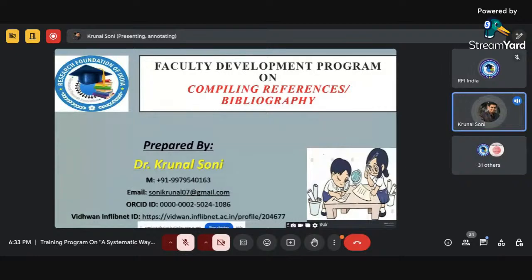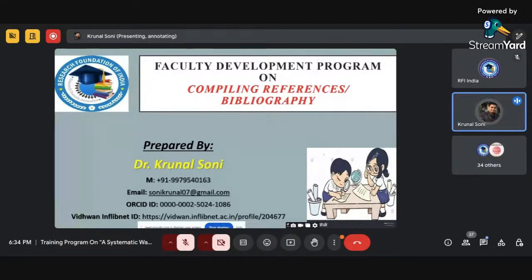Say we are doing 100 or 200 literature reviews, and after that, if we don't know what we learned from the first paper, what concept and topic it covered, then how do we compile the referencing and bibliography, and in which style? There are a lot of questions we have to answer.